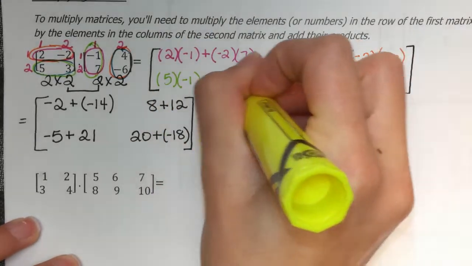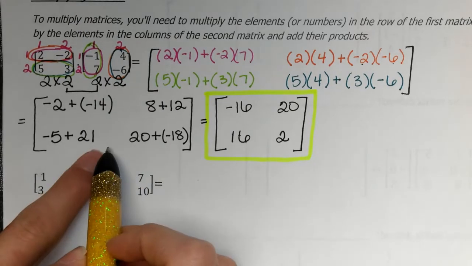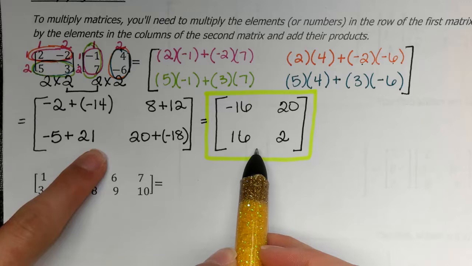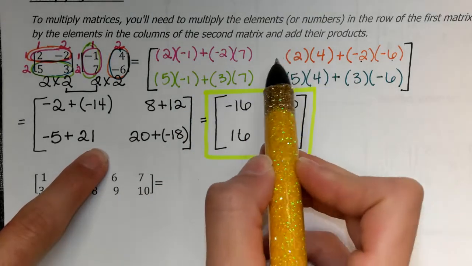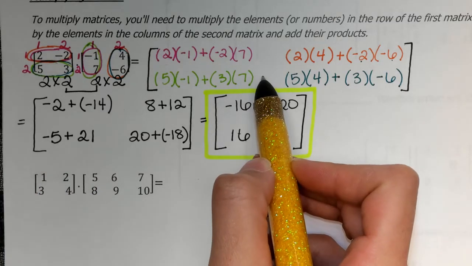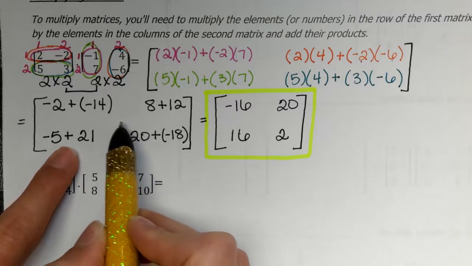Once you get the hang of what you're multiplying, you can just do this in the middle and then your final answer. Okay? You do not have to write the long part out. But if you need that so you can keep track of what you're doing, that's fine too. But I'm always going to do this middle part right here.